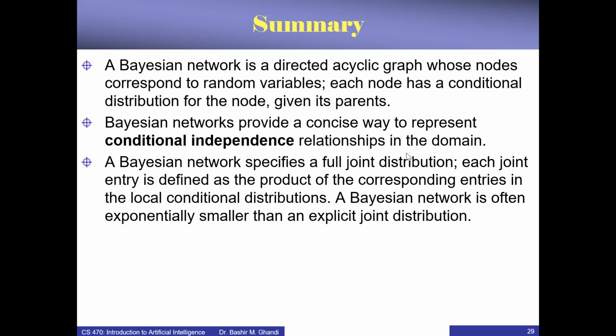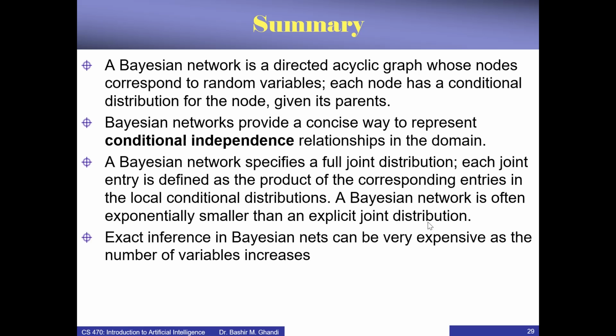A Bayesian network specifies a full joint distribution, of course, in a much more concise manner. Each joint entry is defined as the product of the corresponding entries in the local conditional distributions. A Bayesian network is often exponentially smaller than the explicit joint distribution, as we saw in our examples.